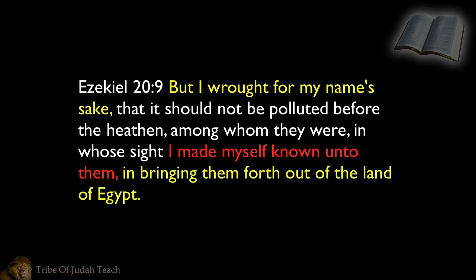Abraham, Isaac, and Jacob, they knew the literal name Yahweh. We read that. But they didn't get to experience the glory of his name like the children of Israel did. They didn't see the Most High destroy Egypt. They didn't see the 10 plagues that he brought. They didn't see the Red Sea split in two.